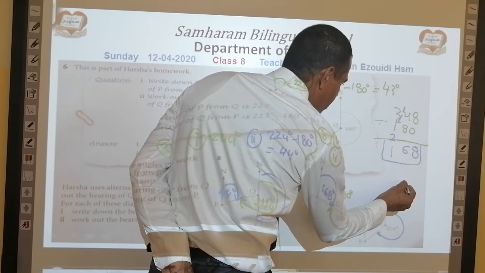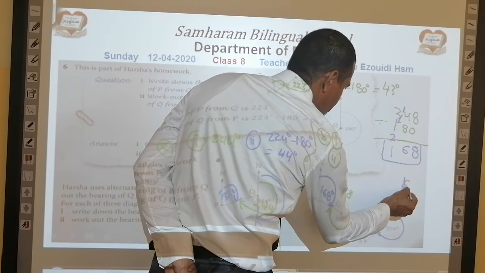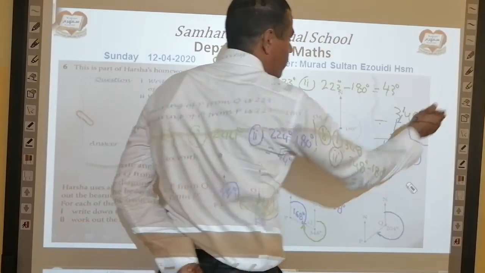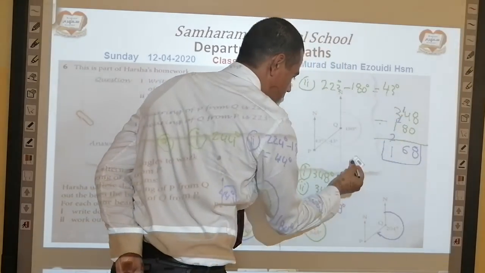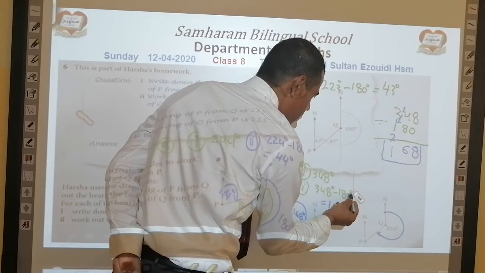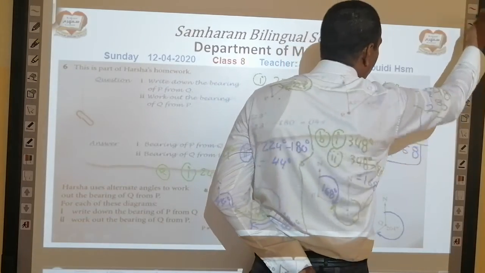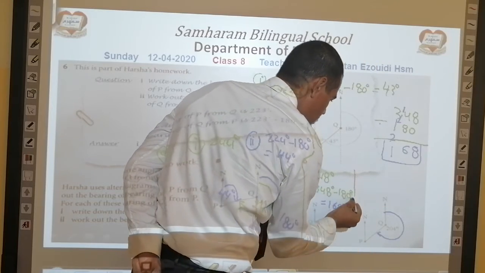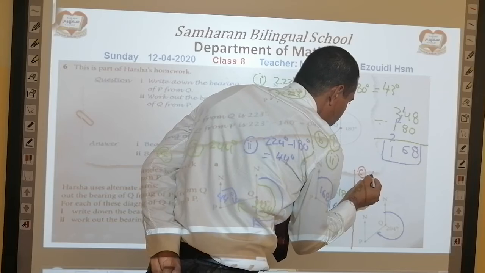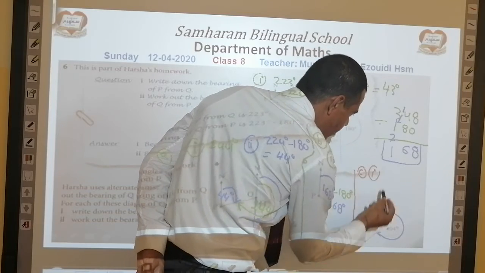So this is small c, sub question C, small I. We told 204.